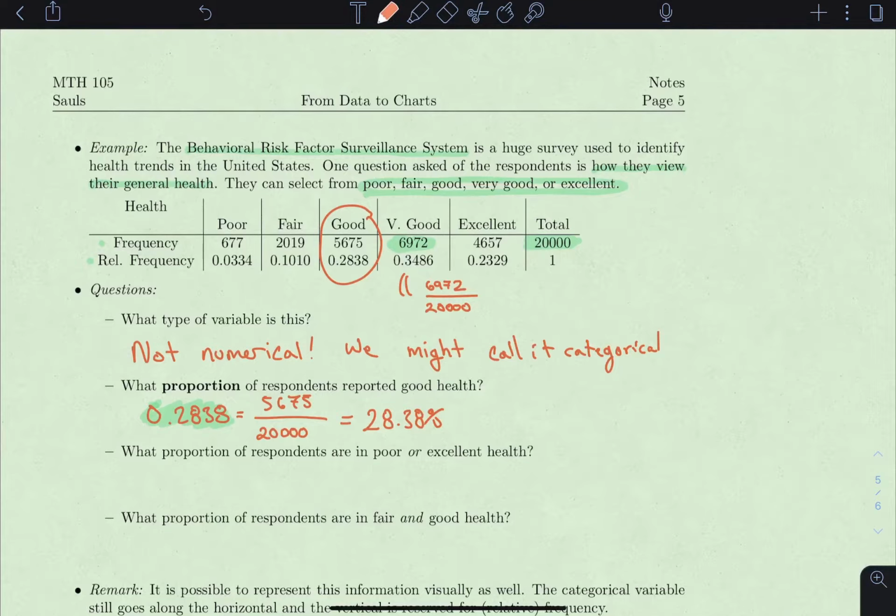Okay, now we asked about people who are responding poor or excellent, and we're asking about proportions. And so if you are in poor or excellent health, then you're one of 670 people who responded that they were in poor health, or one of 4,657 people who responded that they were in excellent health.